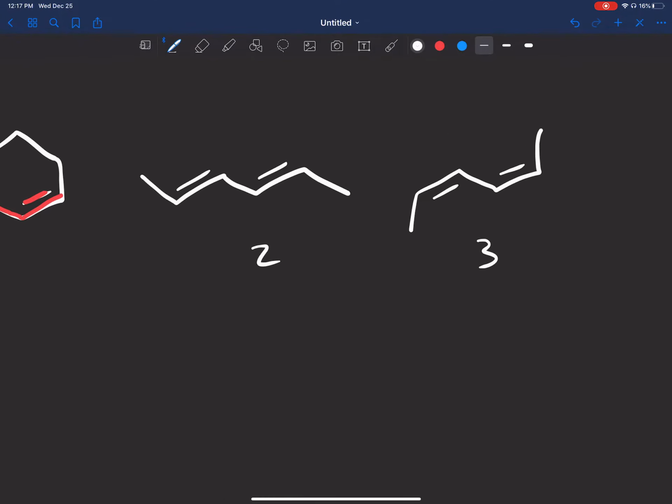Now 2 and 3 are right now in the S-trans conformation. Let me highlight only the parts with the double bonds. This is the S-trans conformation, but because they have this single bond right here and here, they are able to freely rotate into the S-cis conformation.